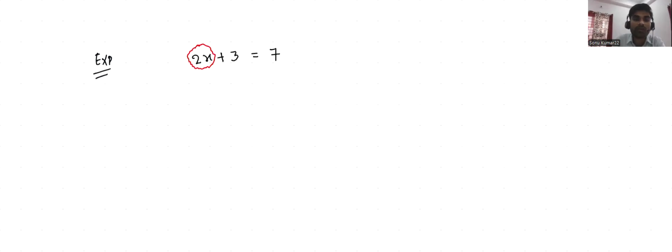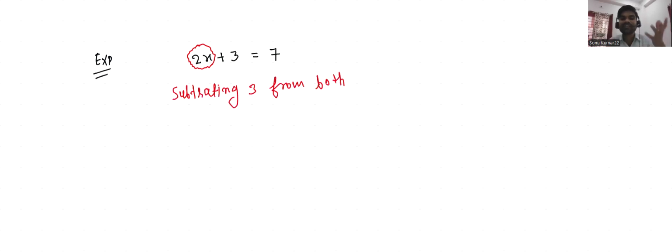We are doing the operation of subtracting 3 from both sides. It means you are doing the same operation on both sides, minus 3.